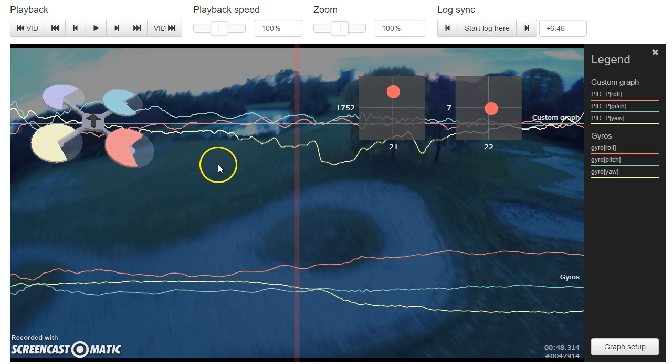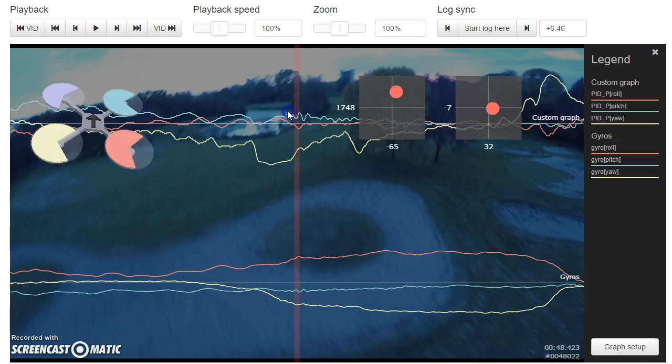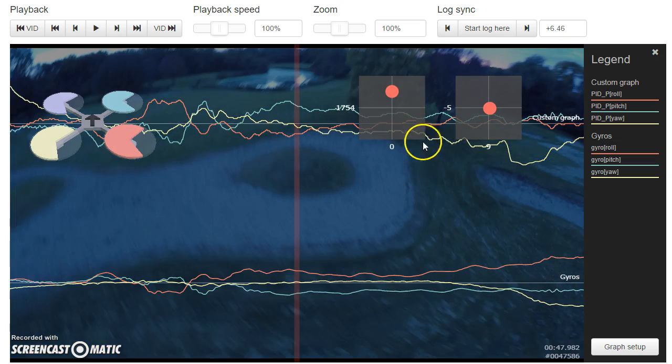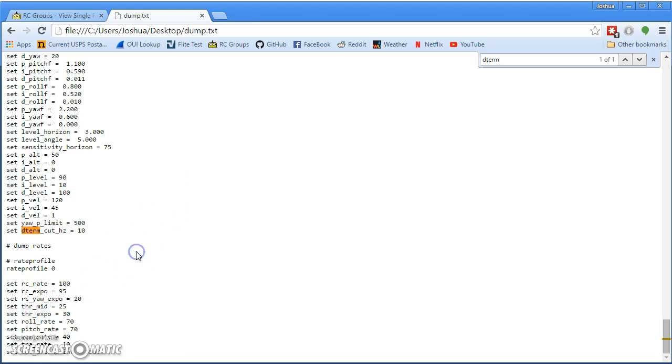But I'm looking for sharp oscillations, large oscillations, spikes, if you will, and I just am not seeing them. So when you go to high throttle like this and I don't see those hard oscillations, I know that either you've got enough TPA is one possibility, or if you don't have TPA, then your P gains are not too high. So here you've got your TPA breakpoint at 1500 and your TPA at only 10%.